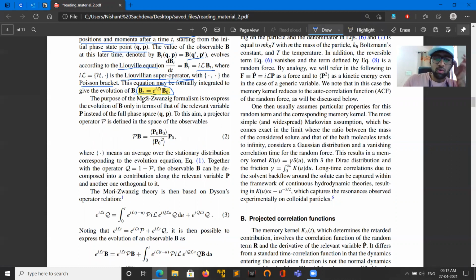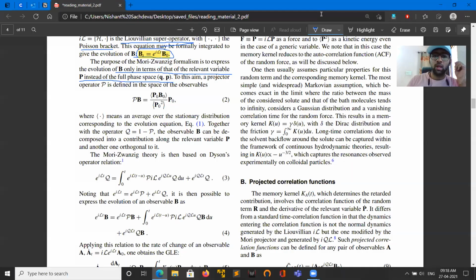Now, the purpose of the Mori-Zwanzig formalism is to express the evolution of B only in terms of the relevant variable P instead of the full phase space Q comma P. So for that aim, a projector operator P is defined in the space of observables.